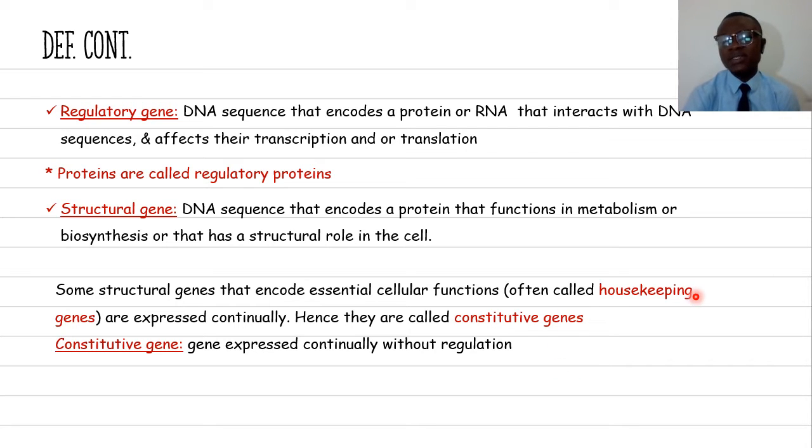Those genes are generally called housekeeping genes, and they are expressed continuously, or we could call them constitutive genes. Don't forget about that. Constitutive genes, in summary, are genes that are expressed continuously without regulation. So you've seen an exception of a gene that could be expressed without us worrying about how it is regulated. So let's get on.